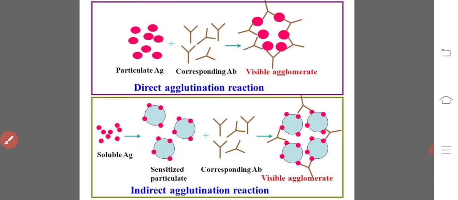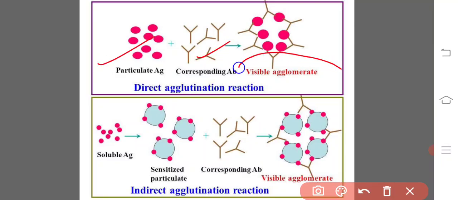So finally, the direct agglutination and the indirect agglutination. When the antigen is a natural constituent of a particle, the agglutination reaction is called direct agglutination, where the particulate antigen interacts with the corresponding antibody and forms agglomerates.